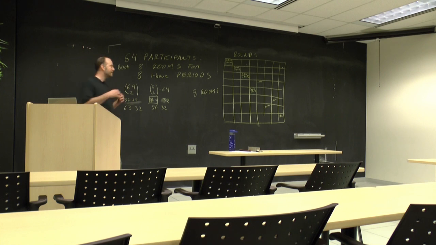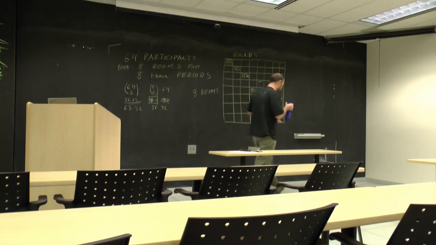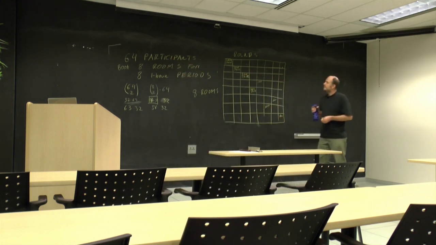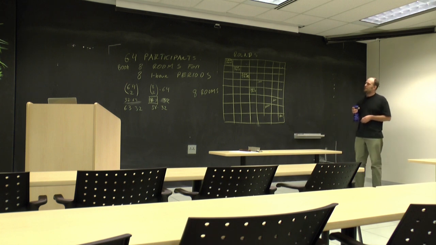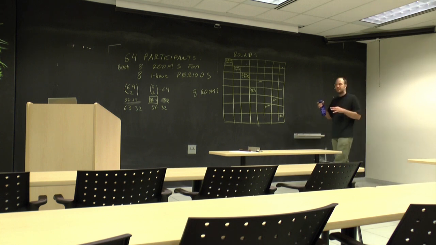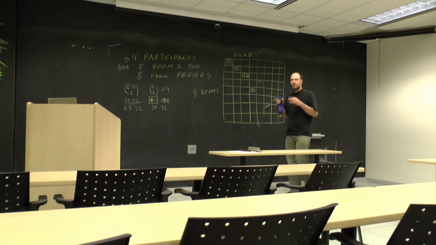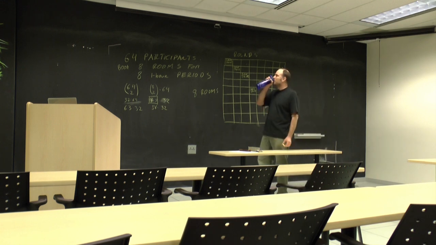So we can't expect to get a perfect tournament. So I want to start by looking at a structure that would give us some means of making a tournament if some of these numbers were a little bit different. And of course, I'm not really interested only in 8 and 64.